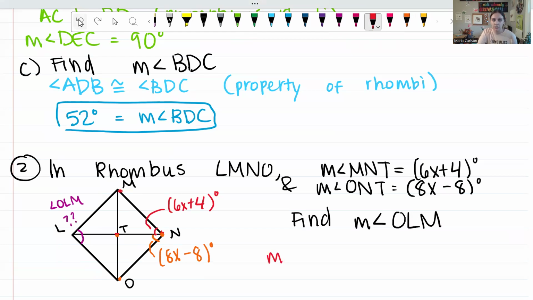Now, since this is a rhombus, I know that angle MNT is congruent to angle ONT. That's because the diagonals in a rhombus bisect the opposite angles.